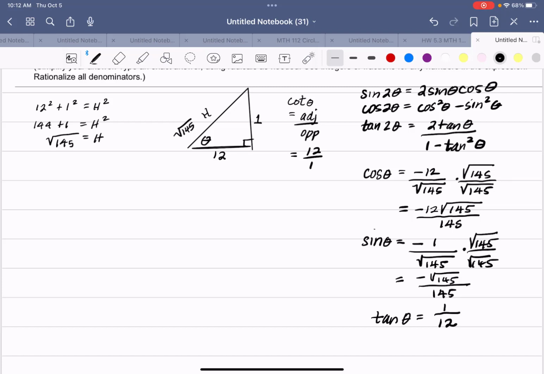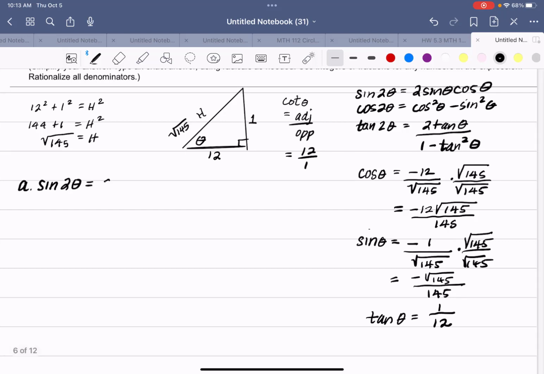So now we can do our double angles. So sine of 2 theta is 2 sine of theta, which is negative square root of 145 all over 145, times the cosine of theta, negative 12 square root of 145, and all of that is over 145.